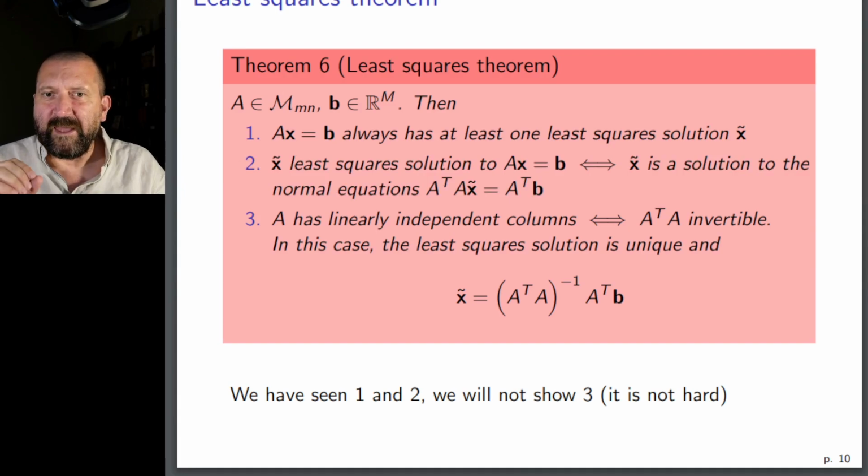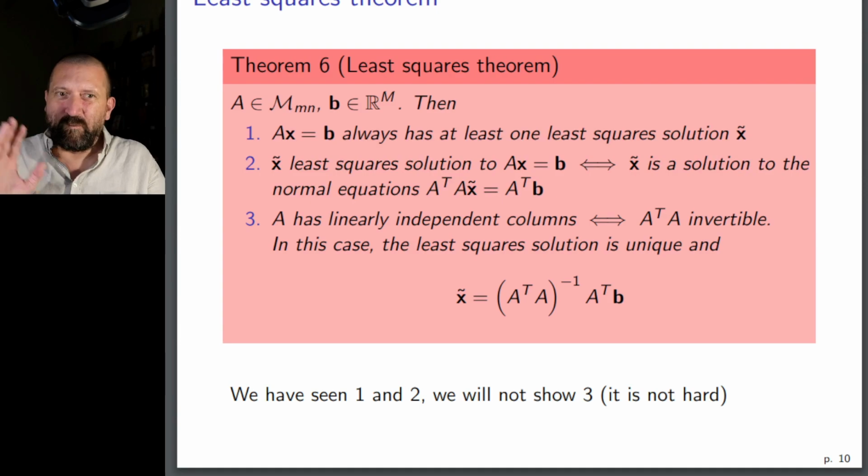So if A has linearly independent columns, this is equivalent to saying that A transpose A is invertible. And just a word before I go any further, I'll remind you that I showed you during the review of first year linear algebra at the beginning of classes that if you have any non-square matrix, then A transpose A and A A transpose are square matrices.